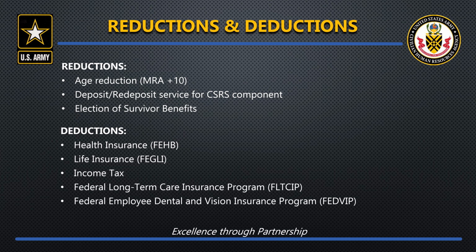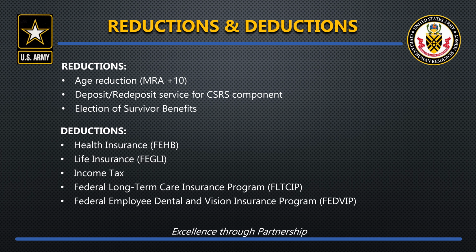Reductions and deductions pertain to the pre-tax and after-tax amounts subtracted from your annuity payment. Reductions are completed pre-tax and include MRA plus 10 age reductions, deposit or redeposit under CSRS component reductions, and reductions for survivor benefit costs if you elect to receive a survivor annuity.